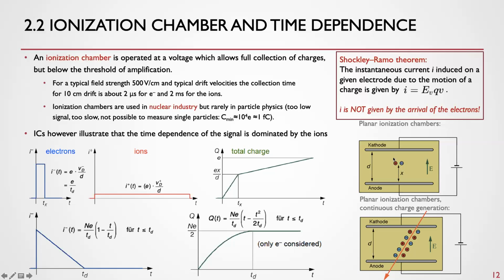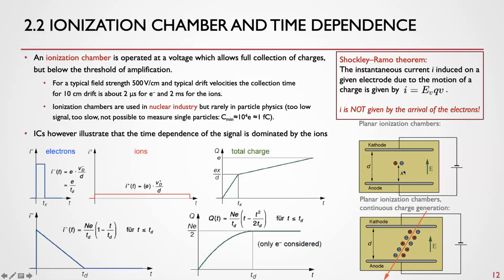The point-like charges, which are the electron and the ion, are surrounded by electric field lines. And those electric field lines extend all the way to the anode and to the cathode. This can be calculated with Gauss's law. If you move the electron towards the anode, of course, the field lines extending to the anode will have an ever larger impact, and they will start to push around the charge carriers inside, for example, the metallic surface.